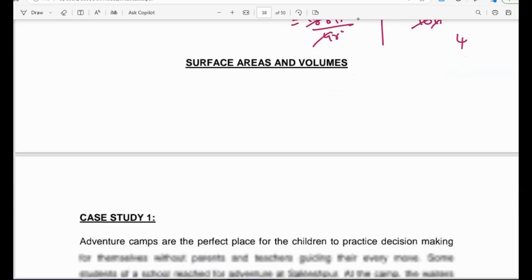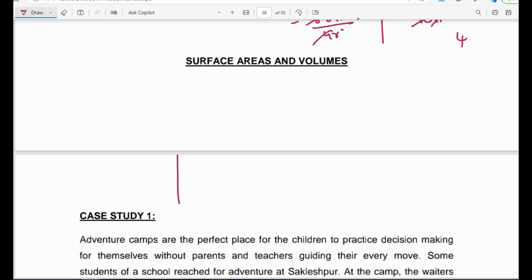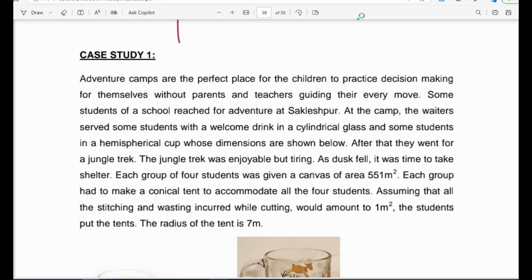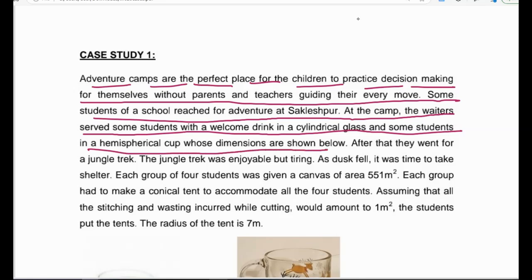Then moving on to the next question, we have surface area and volume. So here case 1: adventure camps are the perfect place for the children to participate and make decisions for themselves, without parents and teacher guidance in every move. Some students of the school reached for adventure at Siklashpur. At the campus, the waiters served some students a welcome drink in a cylindrical glass and some students in a hemisphere cup whose dimensions are shown below.